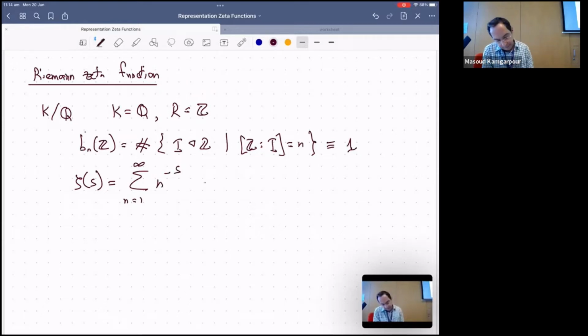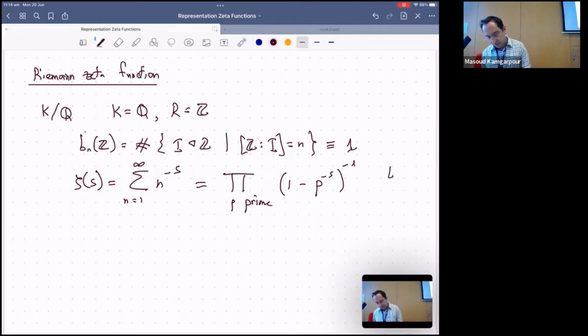And one can write it down as an Euler product. There's an Euler product decomposition where you go over all the prime numbers and you look at (1 minus p to the minus s) to the minus 1. So this is called the Euler product decomposition.